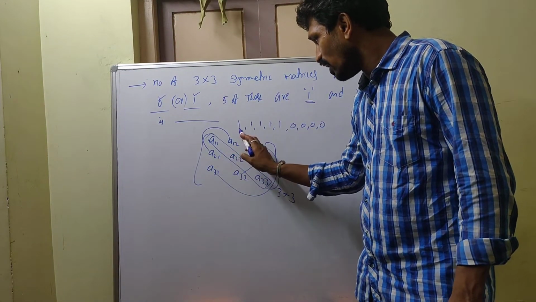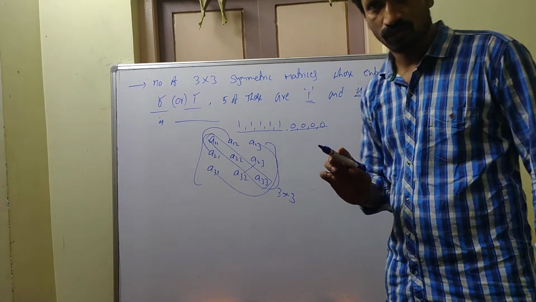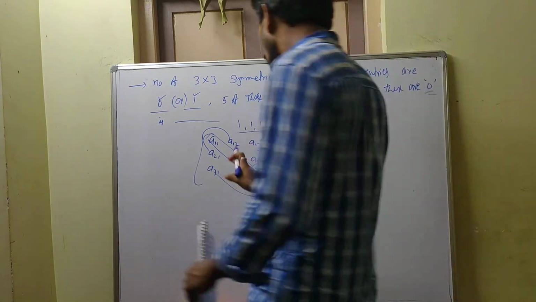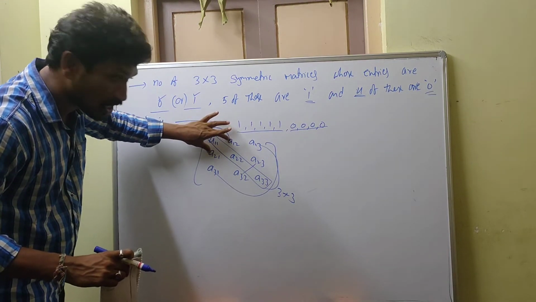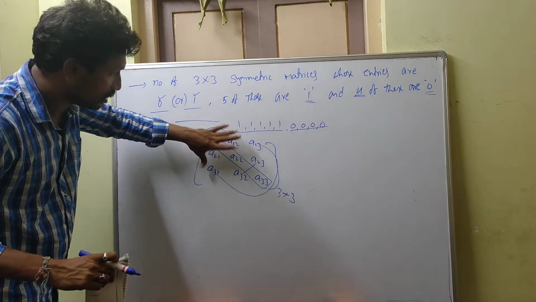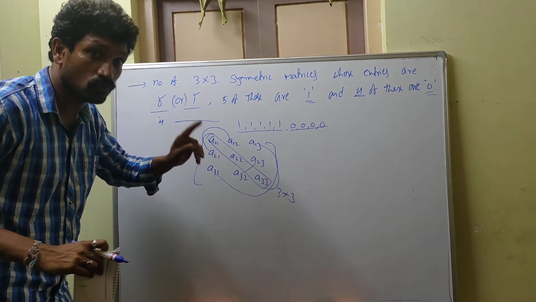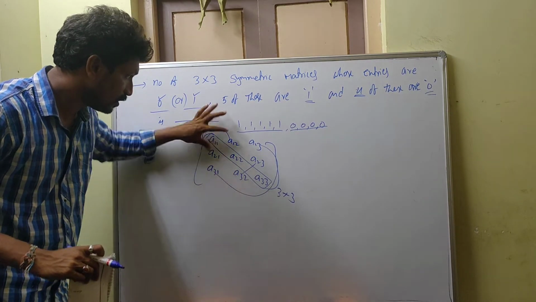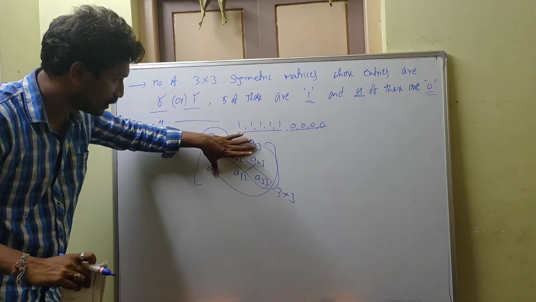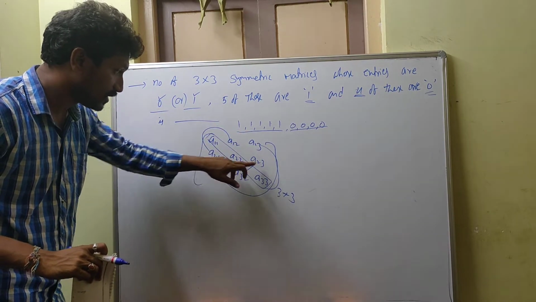But one thing you should remember: here all the entries we have to take only 1 or 0. What we are going to fill in these similar positions, the even positions, means this is 2, this is 2, this is 2, total 6 positions.